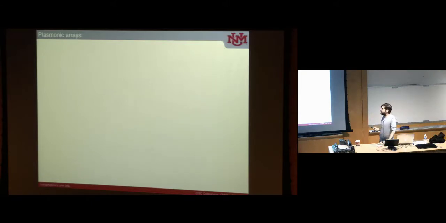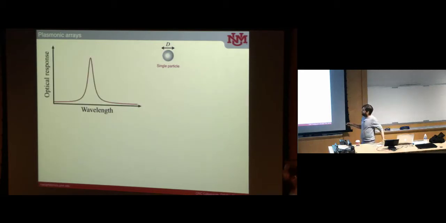Imagine you have just a single particle, a single nanostructure, as the ones we've been looking at. If you look at the spectrum, and you can think of anything, the absorption cross-section, the extinction cross-section, the scattering cross-section, whatever you want, the optical response in general is going to have a resonance at the frequency at which this particle has its plasmon resonance.